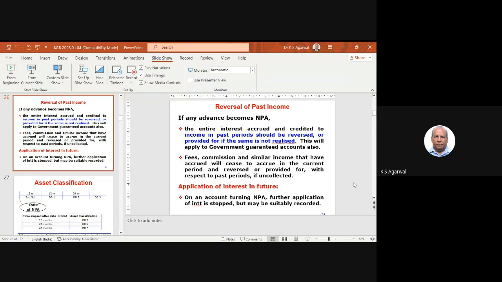Then provision is to be created if the same is not realized. So I should remember this, reversal of past income. The same treatment is for fees and commission and similar income that have been debited in the account. This was for the past interest. For the future, on an account turning NPA, further application of interest is stopped, but may be suitably recorded.